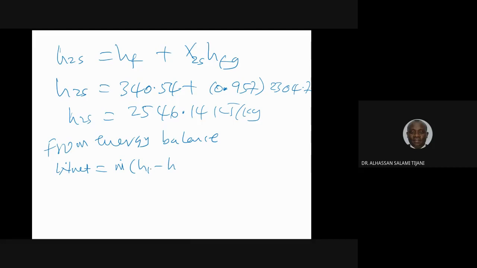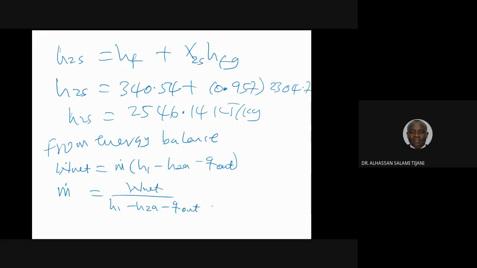Since we are interested in the mass flow rate, the mass flow rate of the steam equals W net divided by H1 minus H2A minus Q out.